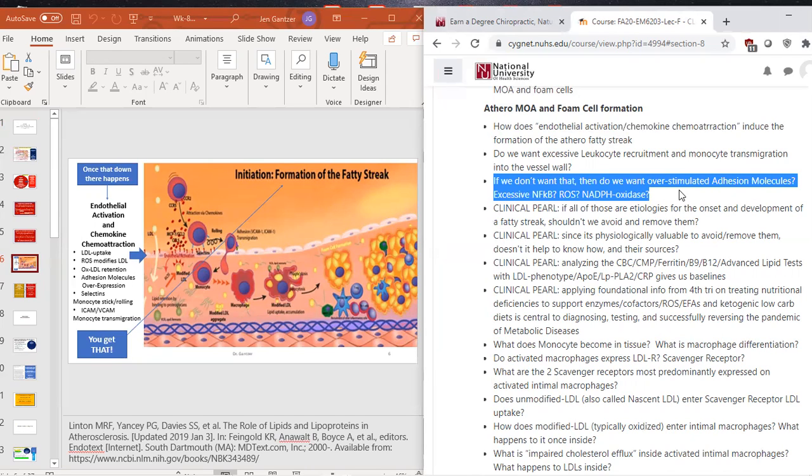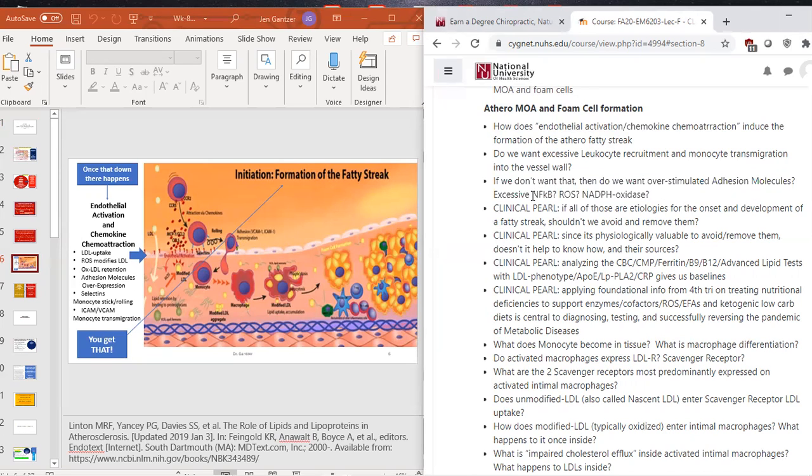No. Everything that I taught you that causes upregulation and overstimulation of adhesion molecules is what you address for treatment, and you remove those things to prevent further stimulation of adhesion molecules. Do we want excessive nuclear factor kappa B, ROS, and NADPH oxidase stimulation?